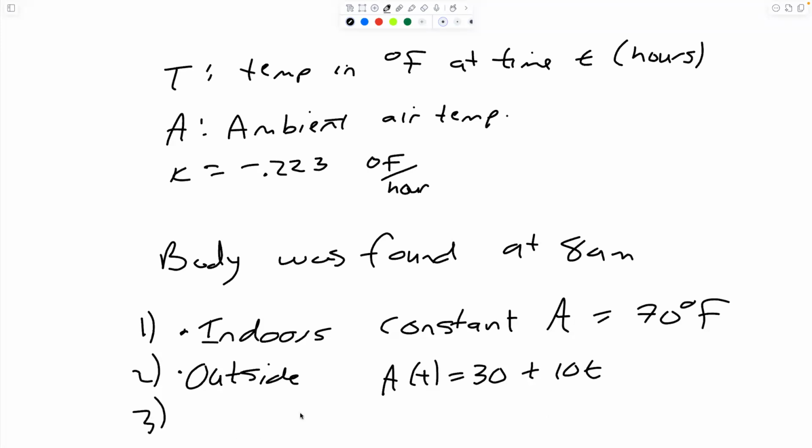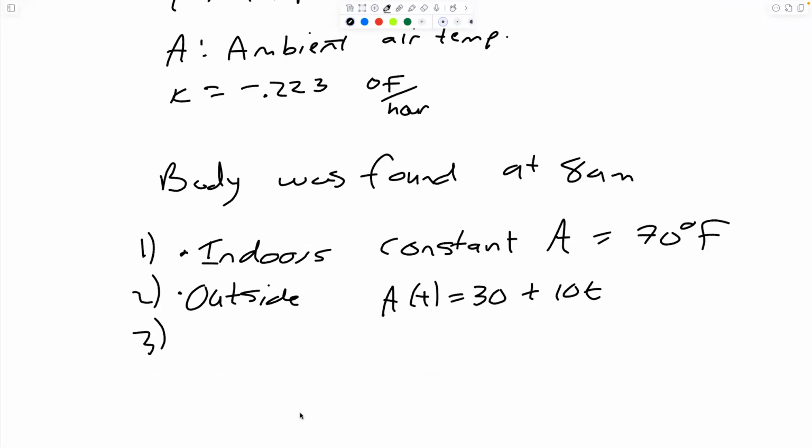So maybe it was 30 degrees, but it's been going up by 10 degrees per hour. And then three, maybe the body was in something that was climate controlled, but the air has been oscillating, some wavering temperature, maybe like in a greenhouse or something. You get to make up a scenario here, but a greenhouse where A of t is 70 degrees, but it goes up and down by 10 degrees.